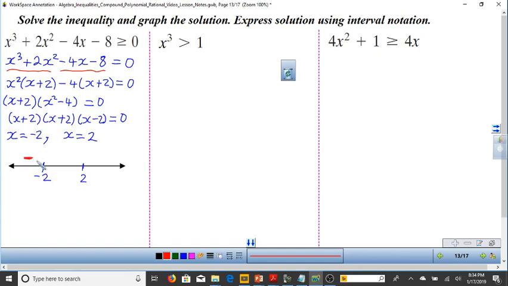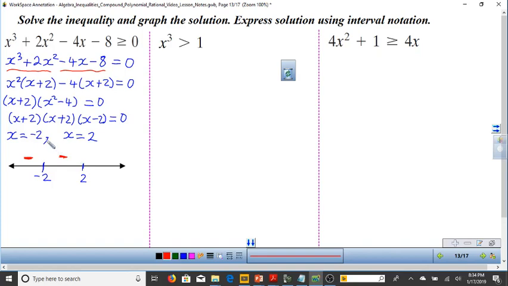Then we try a number in between, negative 2 and 2. Of course, the most obvious number to try is 0. 0 cubed plus 2 times 0 plus minus 4 times 0 minus 8, of course, gives you negative 8. So that's also a negative solution. And then the next number we're trying on the right side of 2 would be 3.